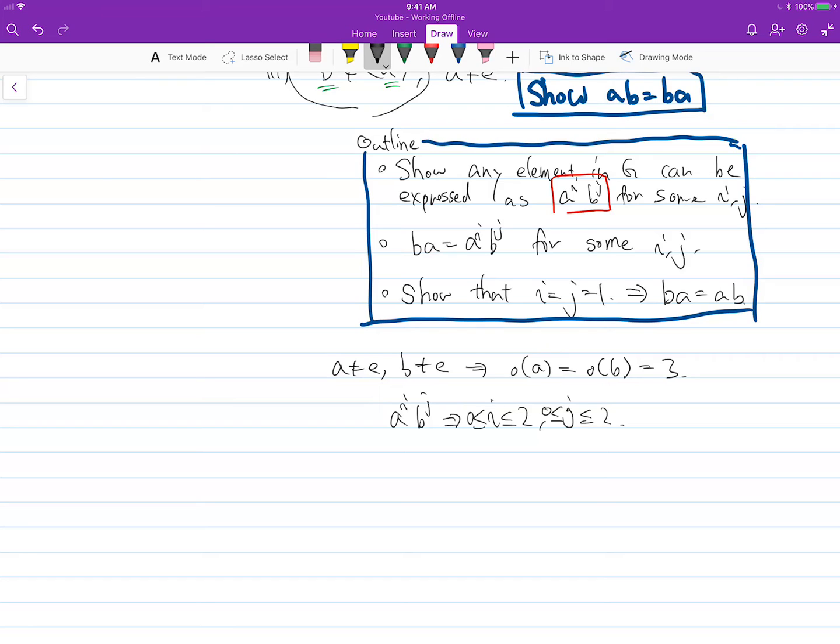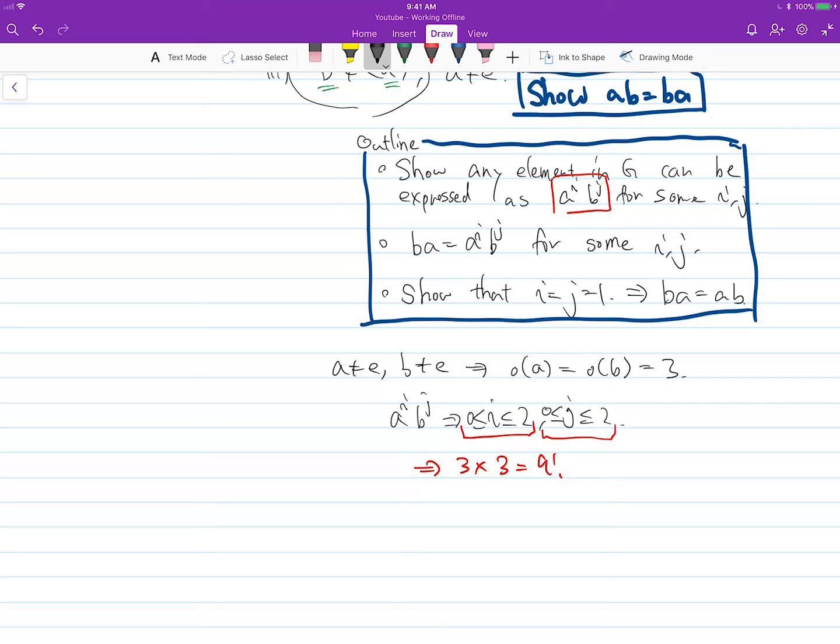If I goes from 0 to 2 and J goes from 0 to 2, then we will have 9 elements, right? So 3 by 3 equals 9. If there are 9 elements, then we are expressing everything in G.